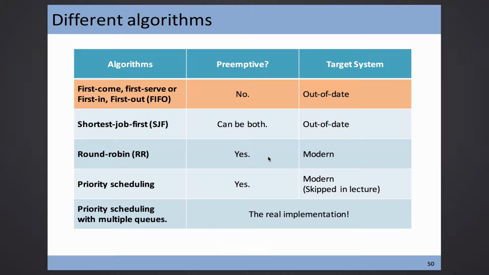Round robin means I will have let's say n guys. I will pick the first guy for some time, second, third, and then go to the n-th guy. After I schedule all n guys, I will go back to 1, 2, 3, 4, 5, and then go to n, okay?